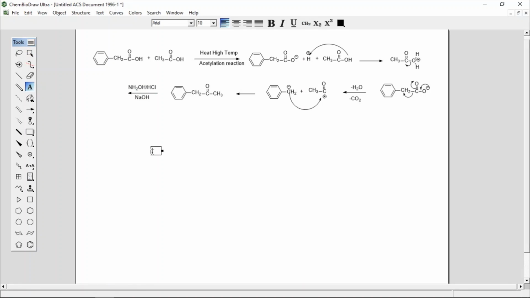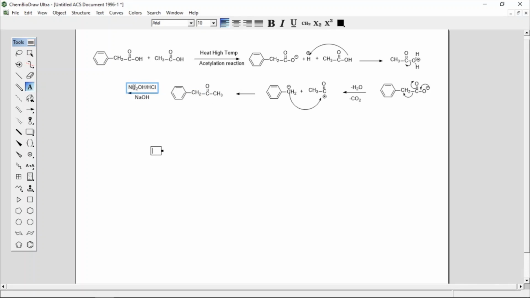Okay. Now when this reagent, hydroxylamine hydrochloride, reacts with this phenyl acetone, what happens?